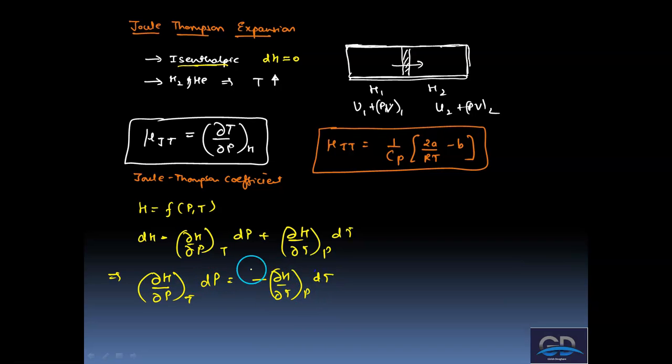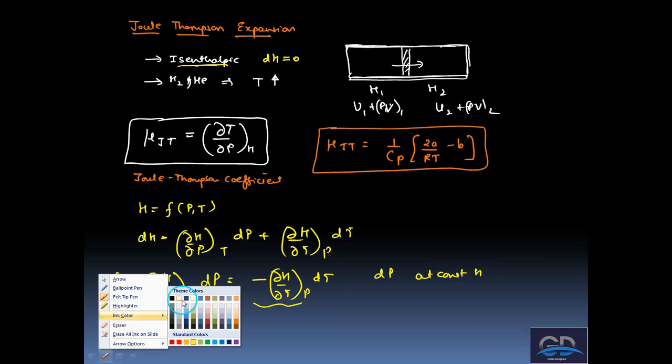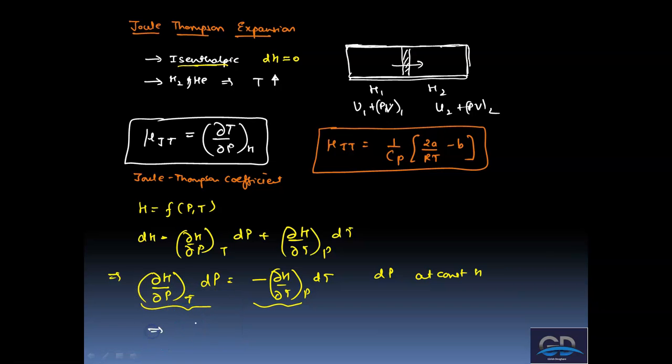Right? Now if I divide both sides by dP at constant enthalpy, what do we get? You would see that this would further give us del H by del P at constant T equal to minus del H by del T at constant P into del T by del P at constant H.